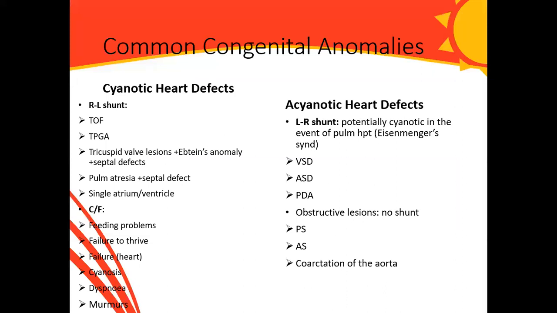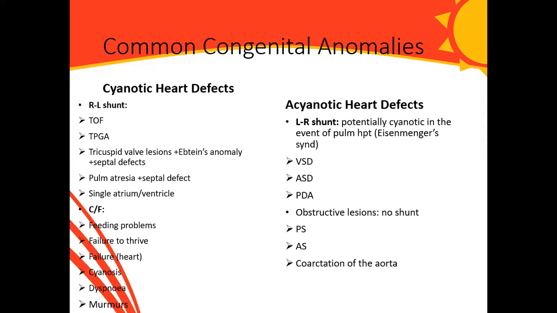All right, so we move on to the congenital heart problems, heart defects. They are typically categorized into two: cyanotic and acyanotic heart defects. The cyanotic heart defect is usually a result of right to left shunt, deoxygenated blood entering the left side of the heart, causing cyanosis.